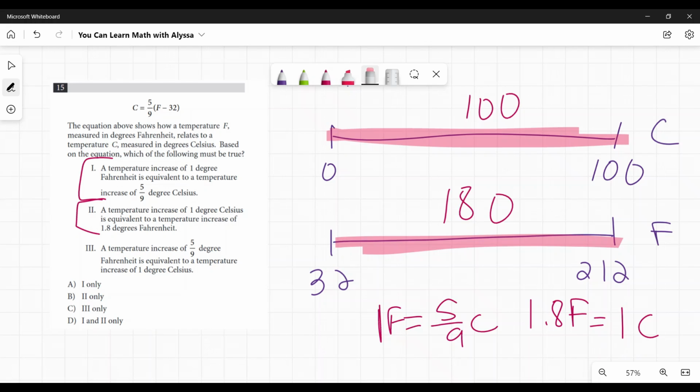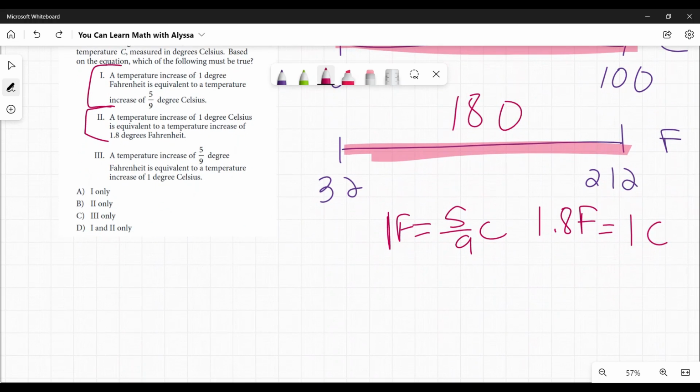Okay, now when I look at this, I want everything to kind of be the same. So I want this to be fractions because I've got a 1.8 and a 5/9. Well, what is 1.8 in fraction form? This is the same as 1 8/10, which would be the same as 1 4/5.